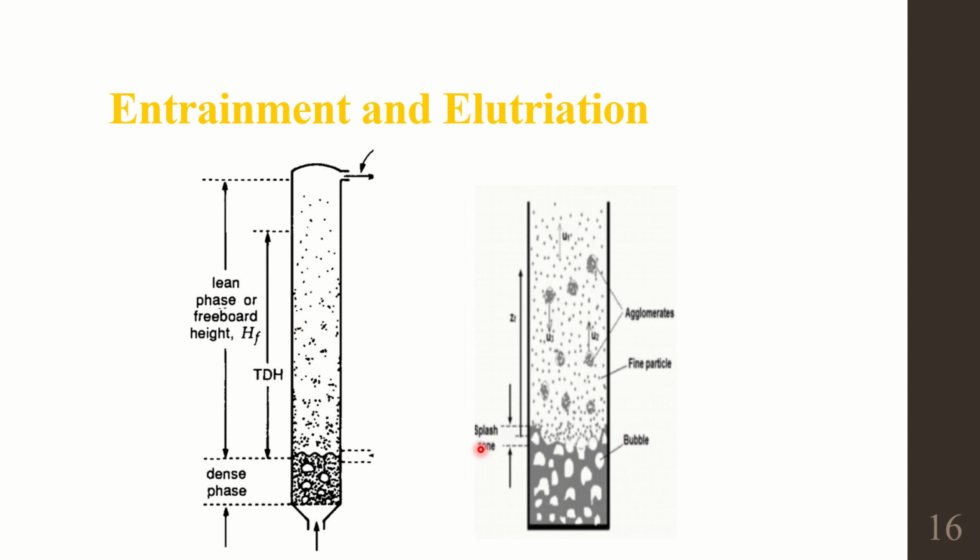As we can see, it is the bubbling regime, and the splash zone is where we can see both the bubble formation, the dense bed and the lean bed. Here the particle fraction would be constant, not varying. Only here would it vary.